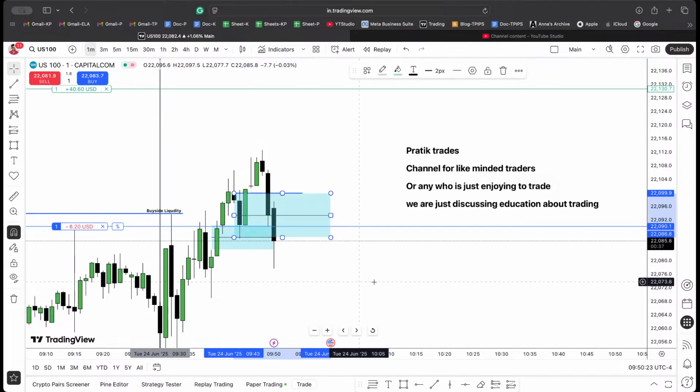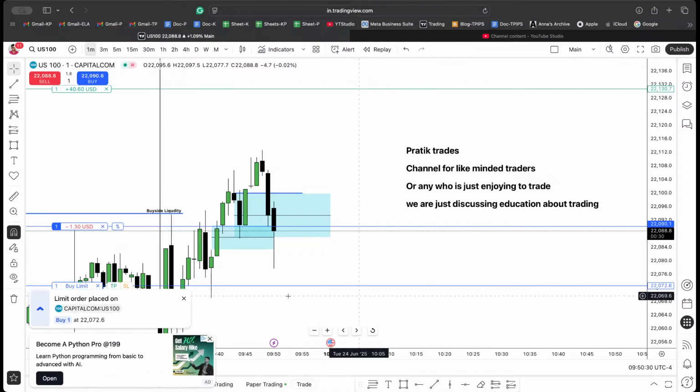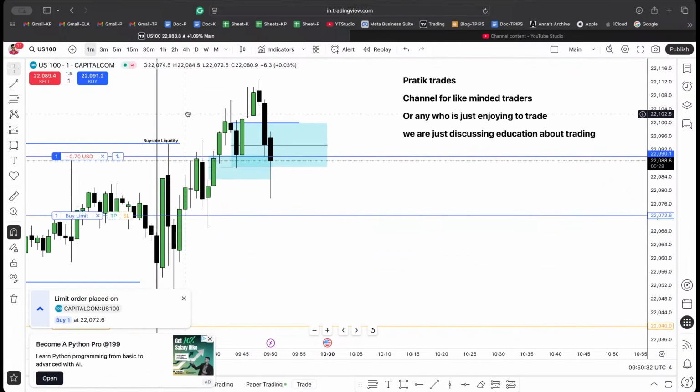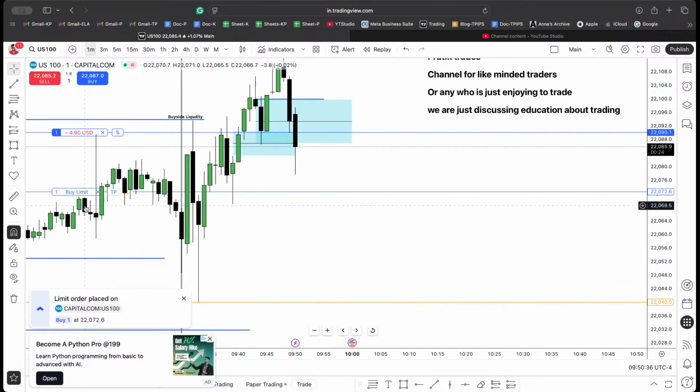We can place a trade here, in case it goes down, which was our initial target and where we did not reach.